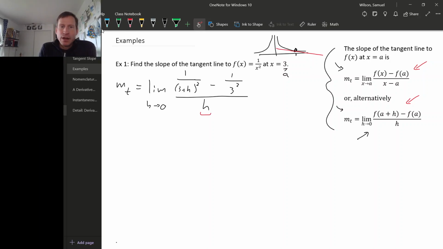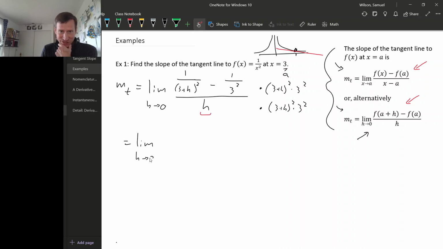So maybe what we should do is multiply the numerator and denominator by the least common denominator of these two fractions. So how about 3 plus h squared times 3 squared? There are other ways to do this algebra, but this will work.